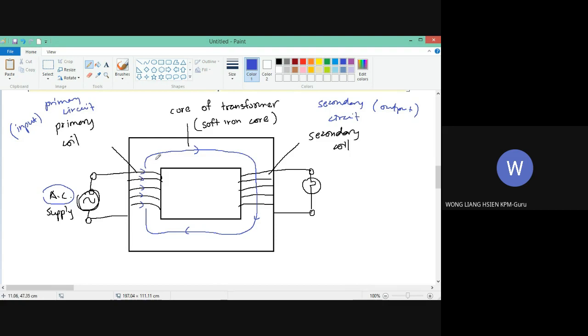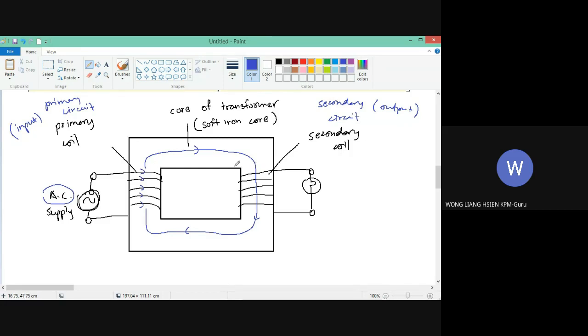Okay, so you see, when the alternating current changes direction, the direction of the magnetic flux also changes direction. Every time the alternating current changes direction, the magnetic flux also changes direction.